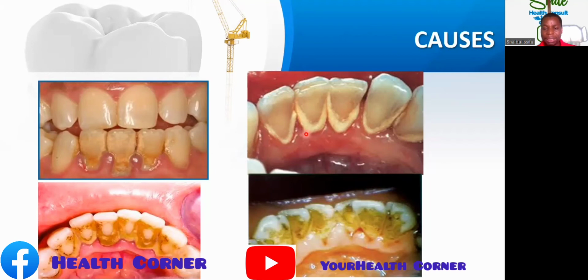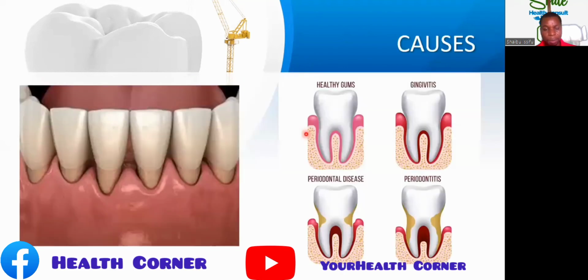The MMPs will also destroy the tissue, and then we even have the cytokines, which are also in high quantity and also destroy the tissue, letting the bone structures get destroyed and the bone falling off. So this picture depicts how the gum and then the bone run away, leaving the tooth, making the teeth longer than they should be.